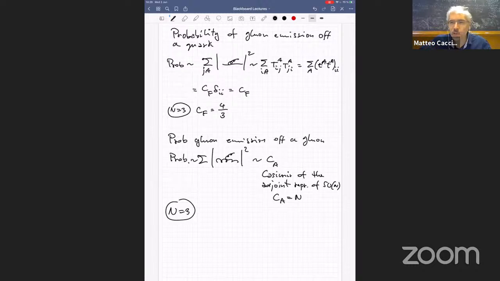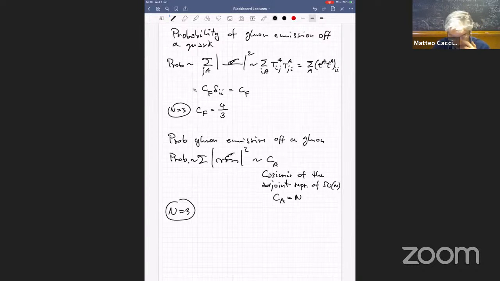So you see that one of the consequences of color, of having all these color charges spread around, not only over the quarks but also over the gluons, is that the emission of a gluon by a gluon can be a fairly large number. It's difficult here to gauge exactly what that C_A will do. We'll see in a moment what that C_A does, but for the moment, just keep in mind that one of the consequences of color is that there is an enhancement in radiation. Gluons like to emit other gluons, even more than quarks like to emit gluons.